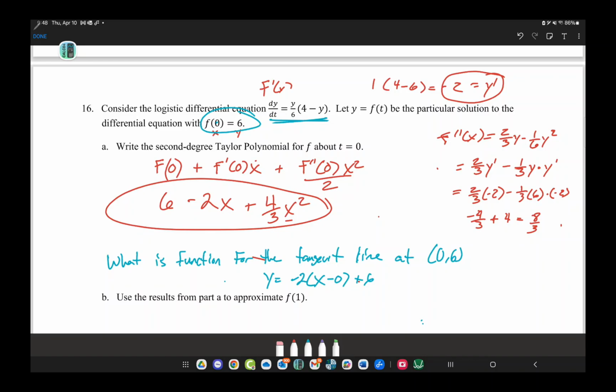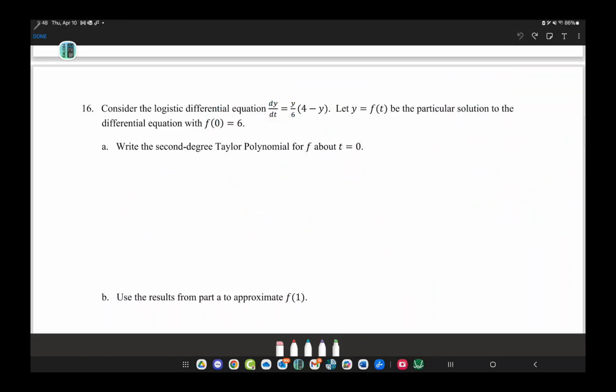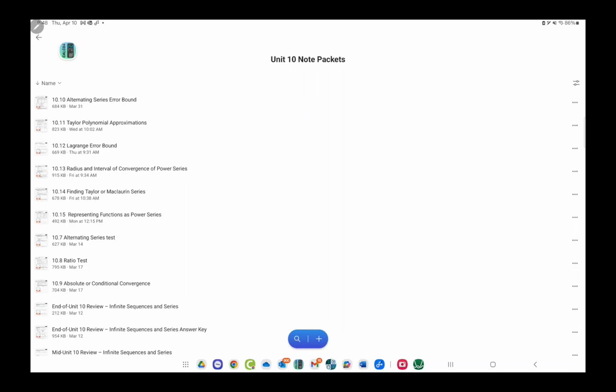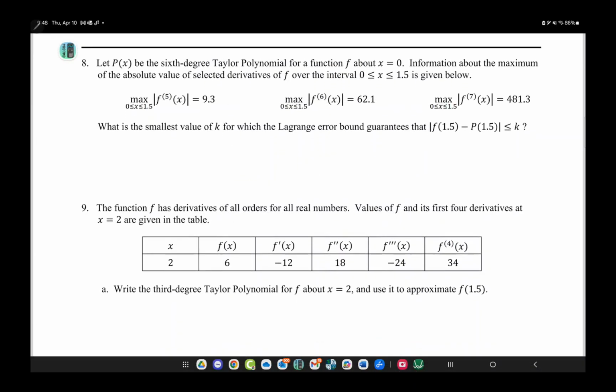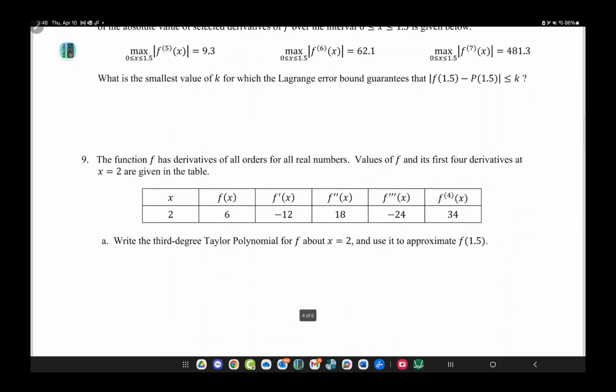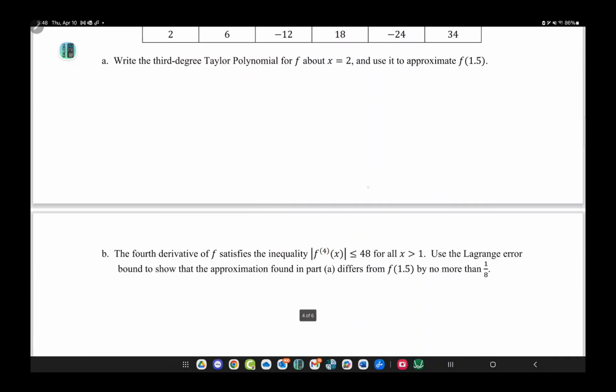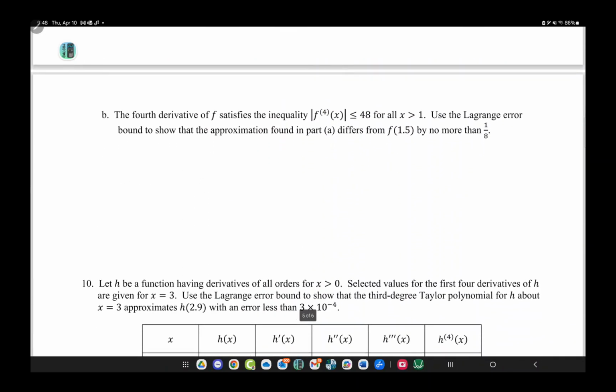Let's go back here. To Lagrange error bounds. So this is the next part here. No, this is the last part of this.